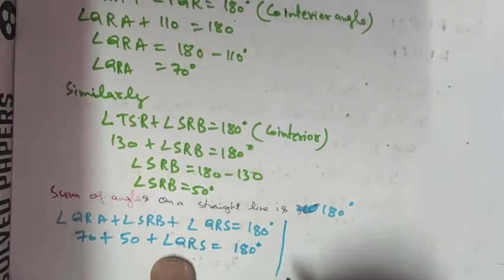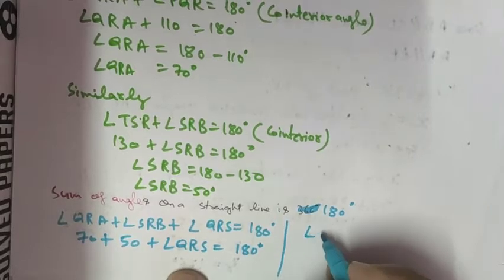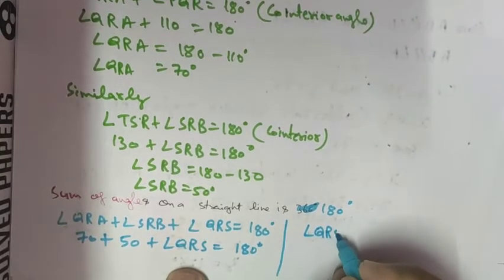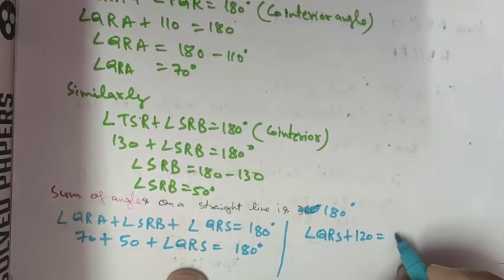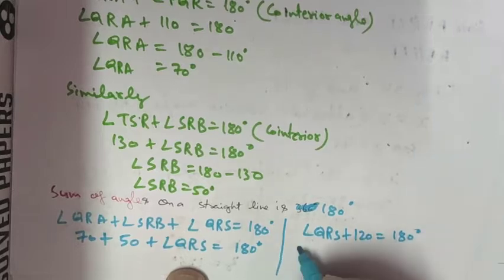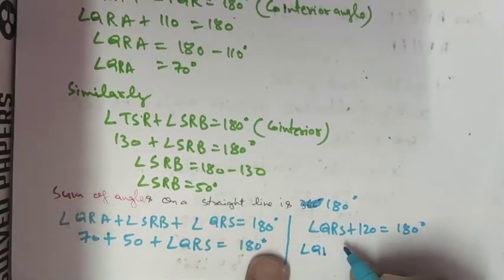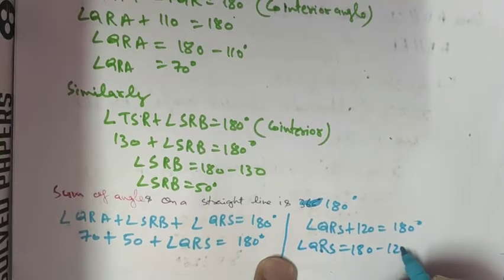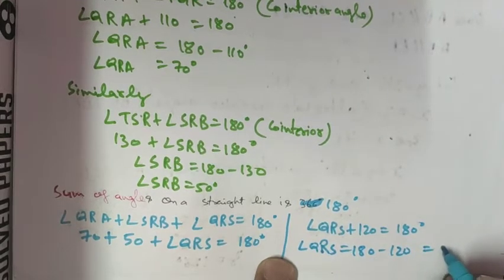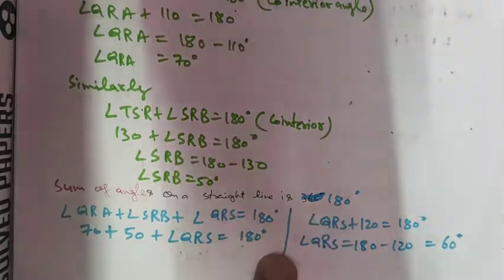On solving, angle QRS plus 70 plus 50, which is 120, equals 180 degrees. So angle QRS is equal to 180 minus 120, that is equal to 60 degrees.